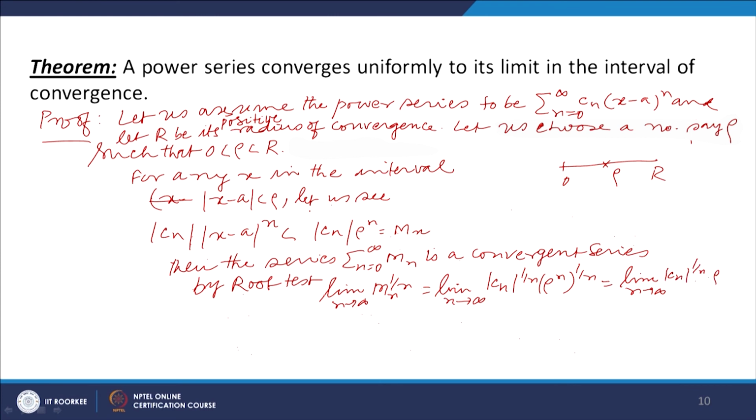Now, we know that the radius of convergence of the given power series is r. So, limit n tends to infinity mod of Cn raised to the power 1 by n is equal to L. So, this is L into rho, but L is equal to 1 by r. So, this is rho by r. Rho by r is positive, because we are taking r to be greater than 0.